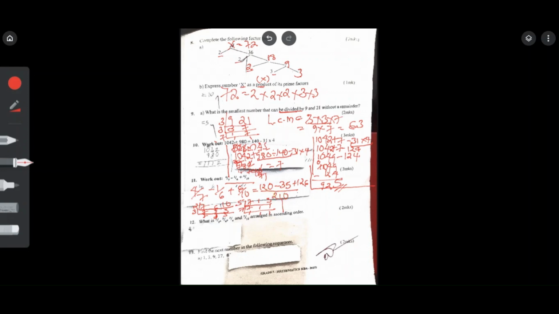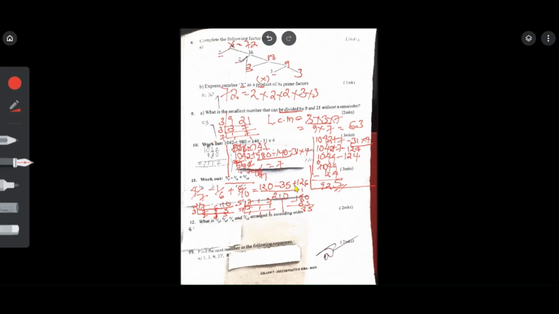I borrow 1, here 10, here I remain with 1, 10 minus 5 is 5. Then 11 minus 3 gives me 8. So 120 minus 35 gives me 85.